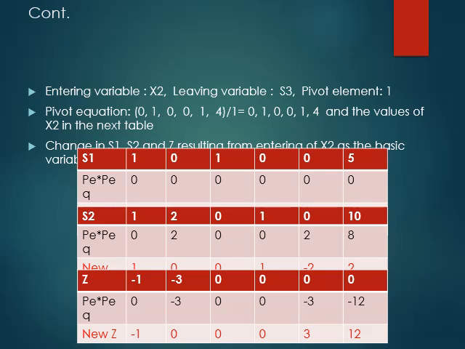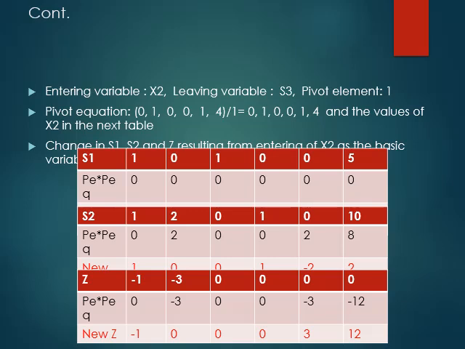The result of calculation gives that the new s1 is 1 0 1 0 -1 1, the new s2 is 1 0 0 1 negative 2 2, and the new z is negative 1 0 0 0 3 and 12.